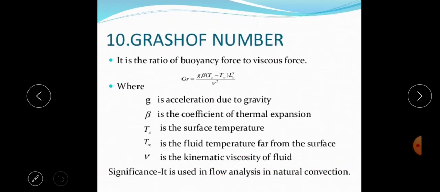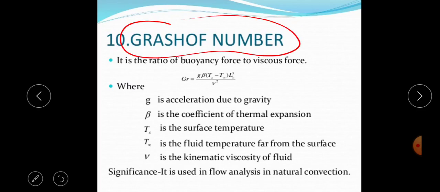Next is the Grashof number. What is this? It is the ratio of buoyancy force to viscous force. We can write it in terms of this formula, where Gr is the Grashof number.